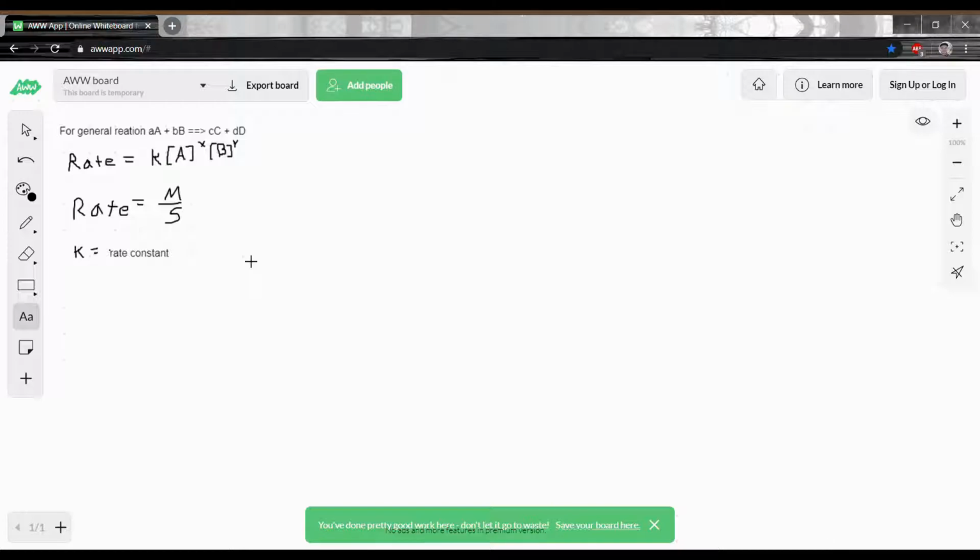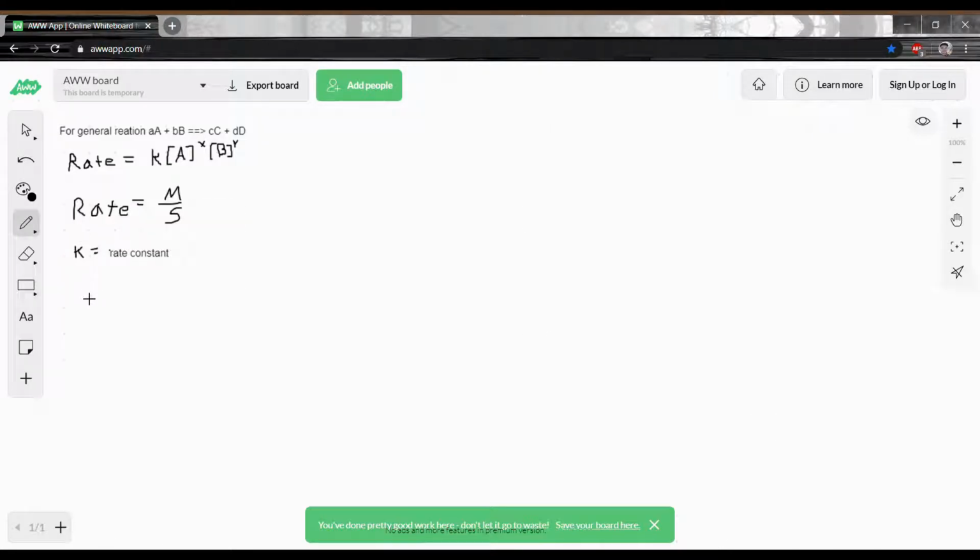When we calculate a rate constant for an equation for a chemical reaction, the rate constant stays the same for every time we do the reaction. The rate may change depending on what concentrations of substances and reactants we have, but the constant will always stay the same, hence the name constant.